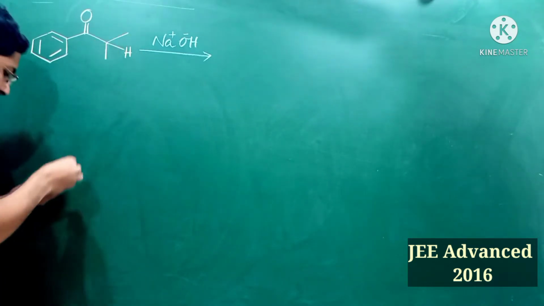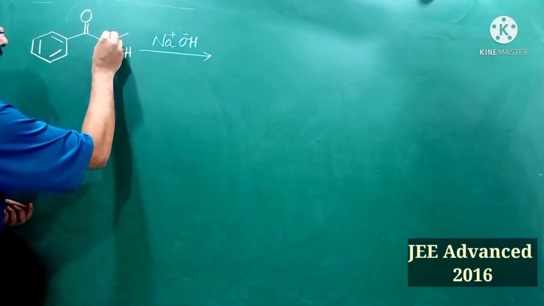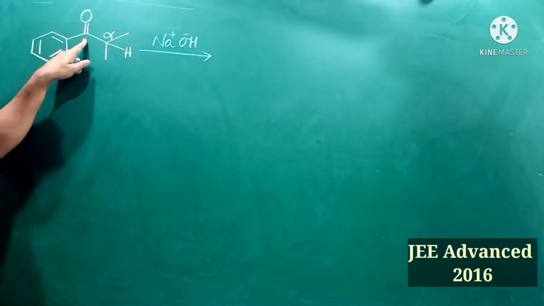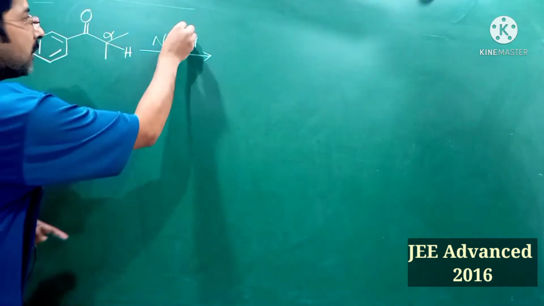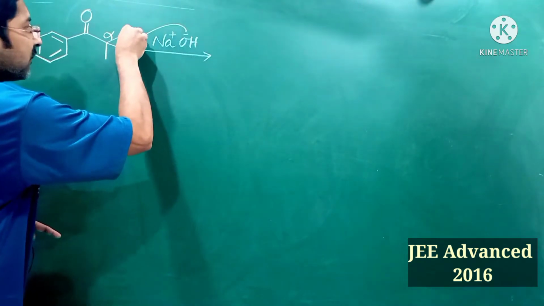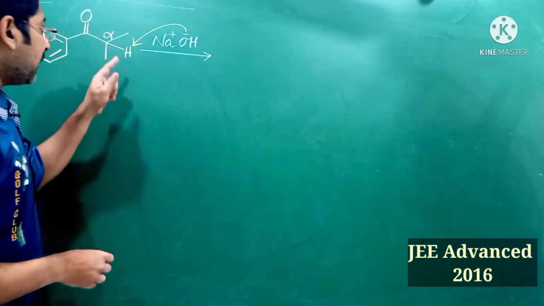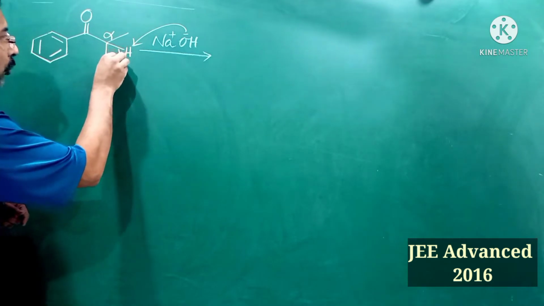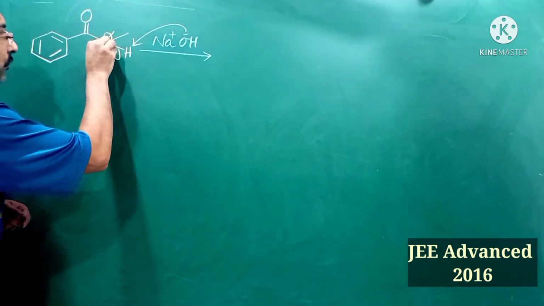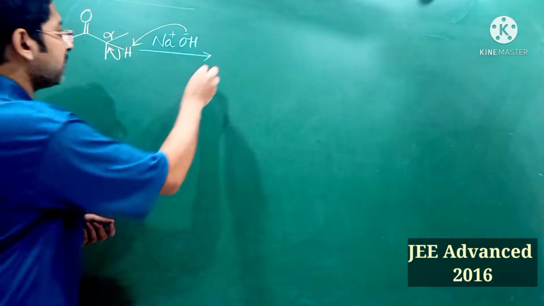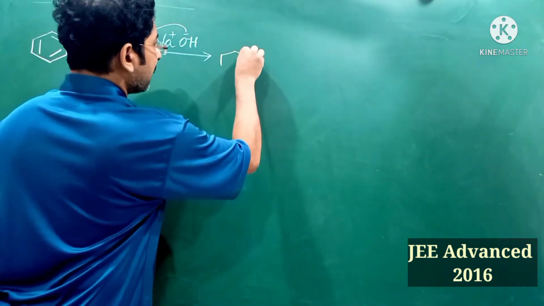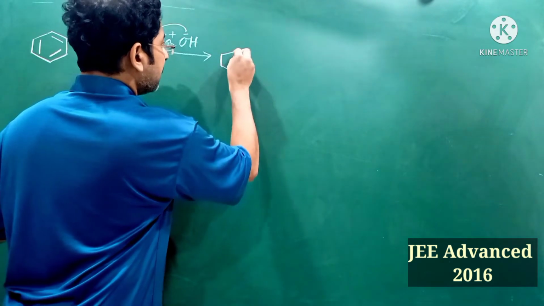This carbon is of course alpha with respect to this keto group, so this hydrogen is acidic hydrogen. OH- will abstract this hydrogen, and the two electrons of this sigma bond will go on this carbon. So we will get this carbanion.